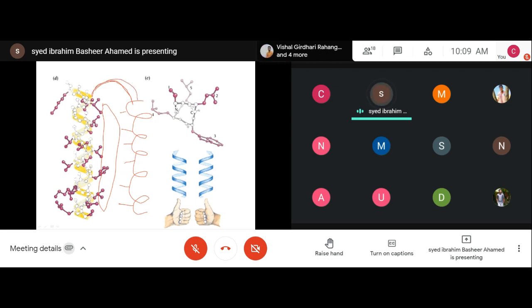So it will make a hydrophobic core over here. Hydrogen bonding will be here.